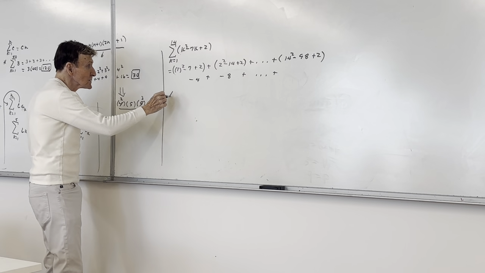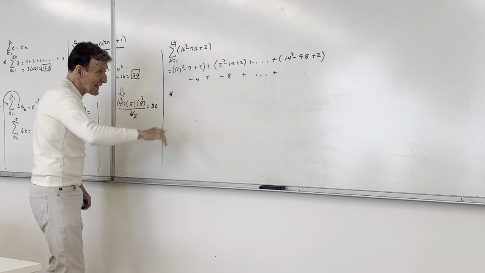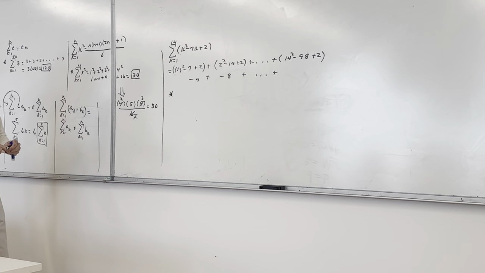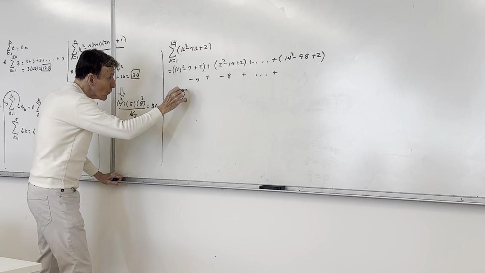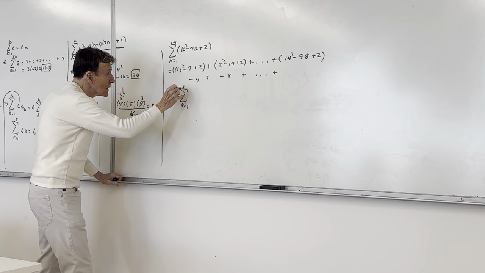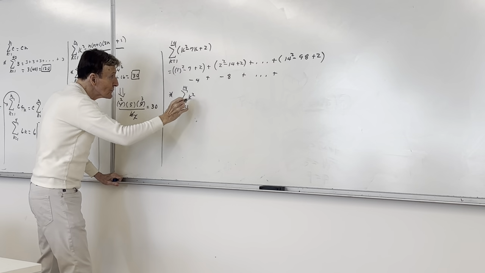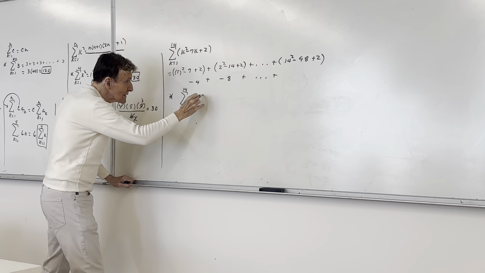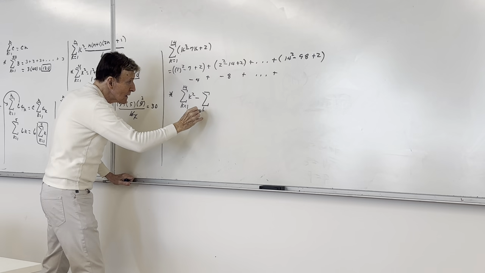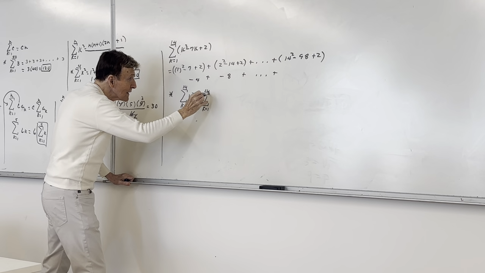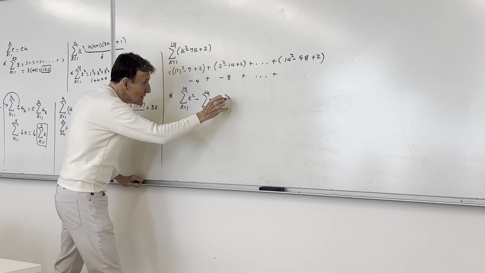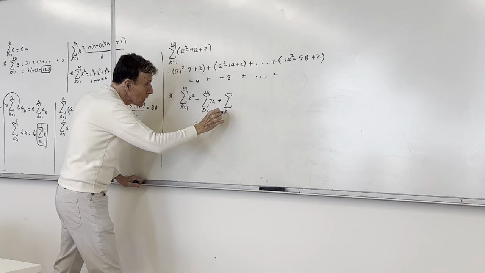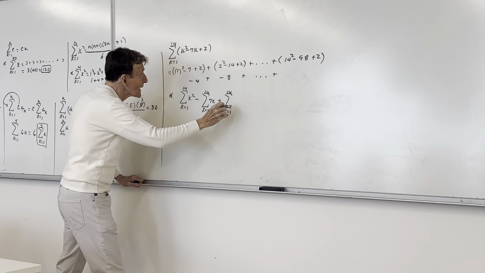Now, Shane says, Professor, rather than expand this thing out and taking the time to do it like that, why not apply the formula? In other words, first you're allowed to split this up into summation from 1 through 14 of k squared, subtract summation 1 through 14 of 7k, plus summation 1 through 14 of my constant 2.